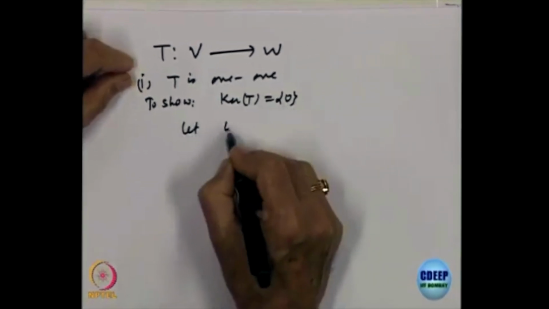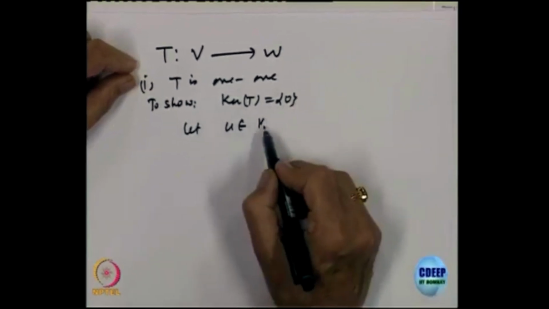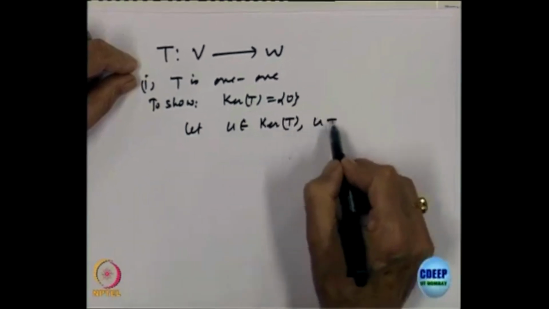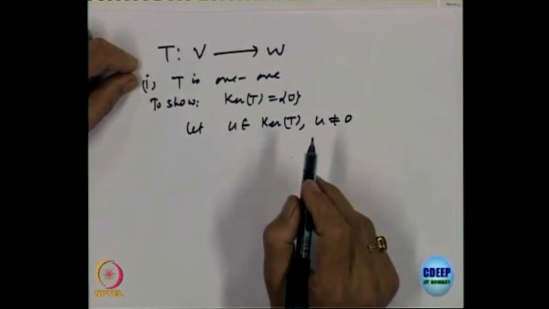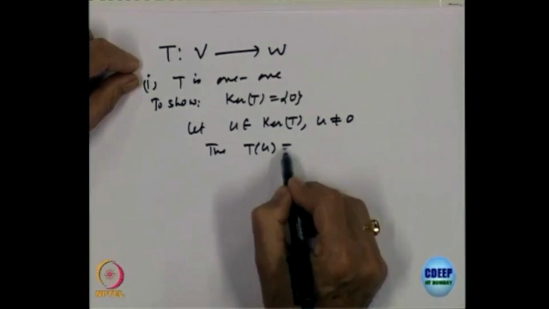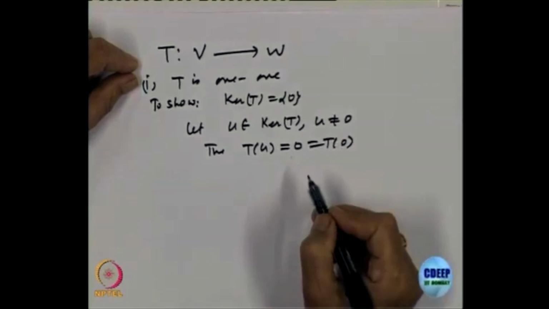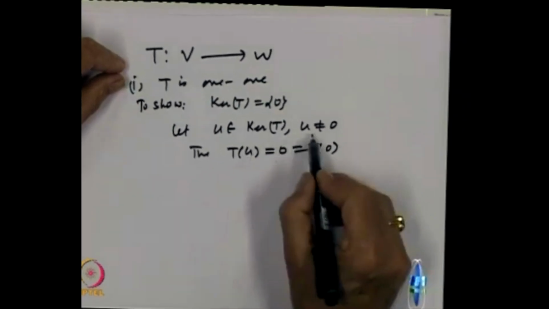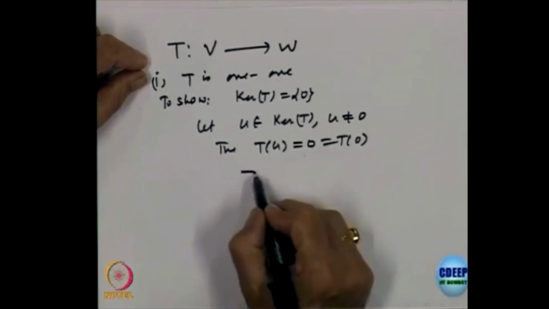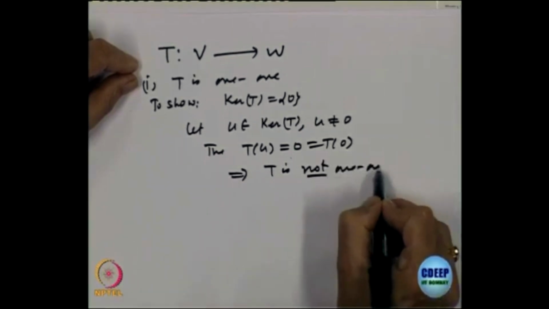Let us say u belongs to the kernel of T and u is not equal to 0. Then what is T of u? That is 0, which is also equal to T of 0. So I have two elements, u not equal to 0, and 0, whose image is 0. That implies T is not 1-1, a contradiction.